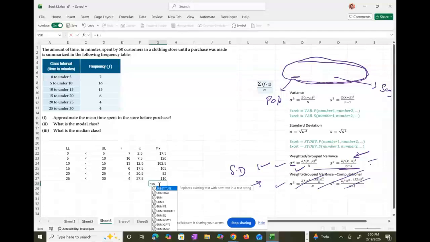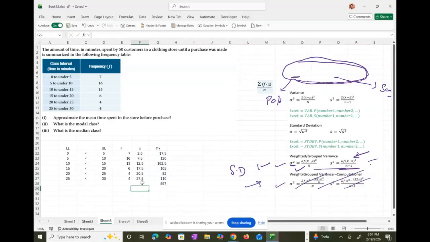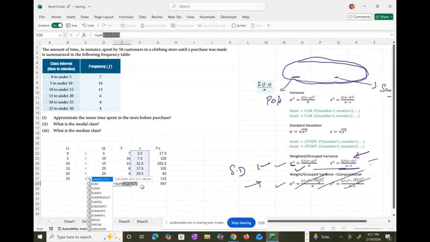The sum of these values, and as this is the frequency, the sum of frequency.